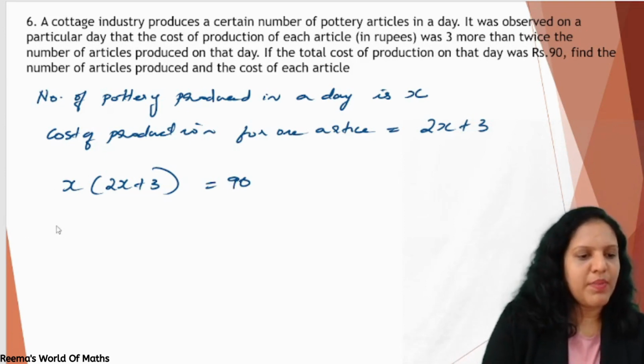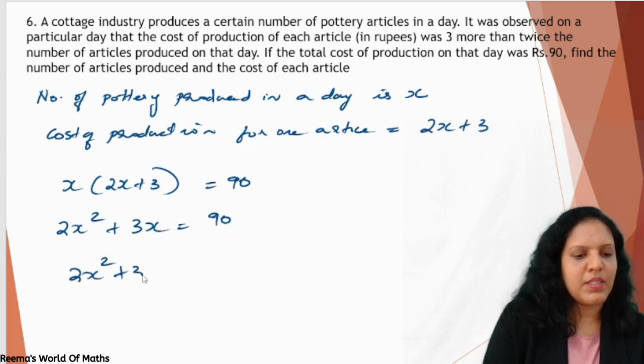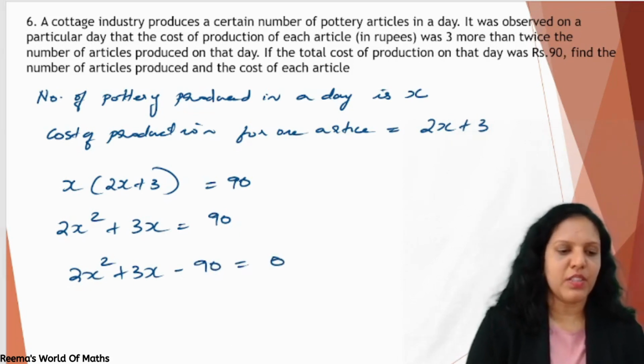So that will be 2x squared plus 3x equals 90, so 2x squared plus 3x minus 90 equals 0.